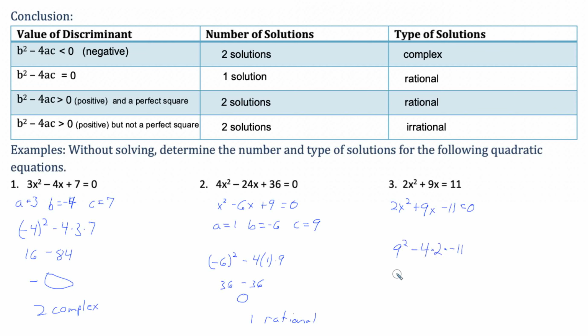And we have 81 plus 88. 4 times 2 is 8, times negative 11 is negative 88, but we have minus a negative 88. 81 plus 88 is 169. 169, if you take the square root of that, you get 13. So this is a perfect square. So it fits positive and a perfect square. So we're going to have two rational solutions. And that is how you can find the number and type of solutions for a quadratic equation.